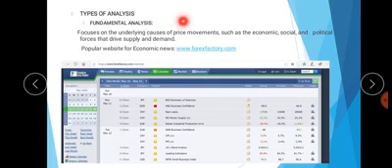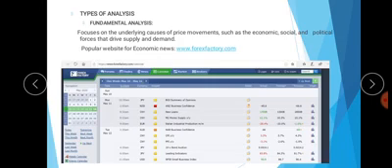Now, what does fundamental analysis focus on in Forex trading? Fundamental analysis focuses majorly on the underlying causes of price movement. In Forex trading, there are some forces that move the market.